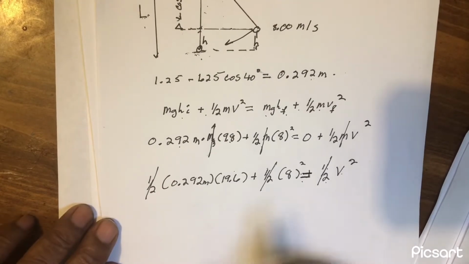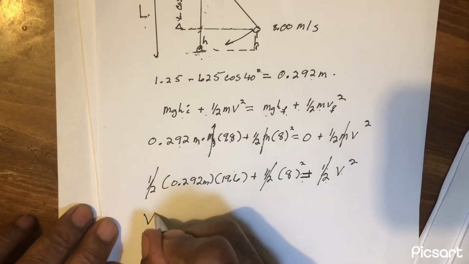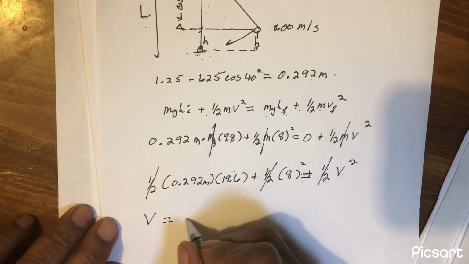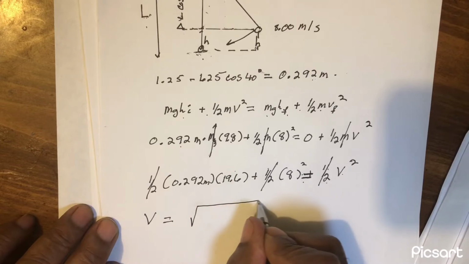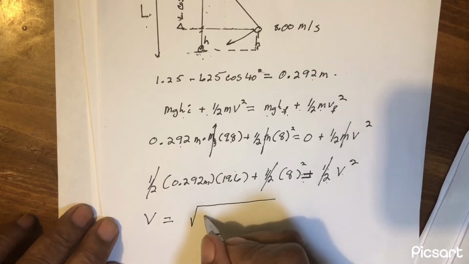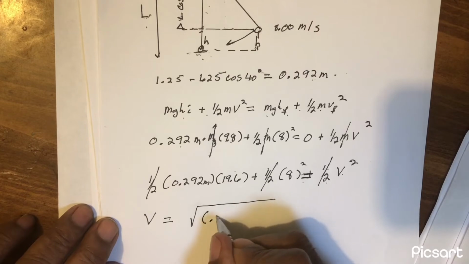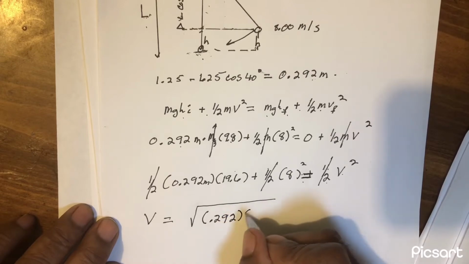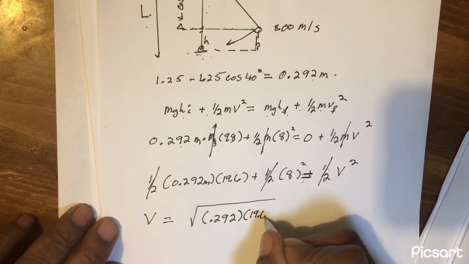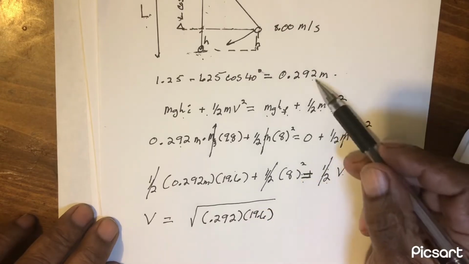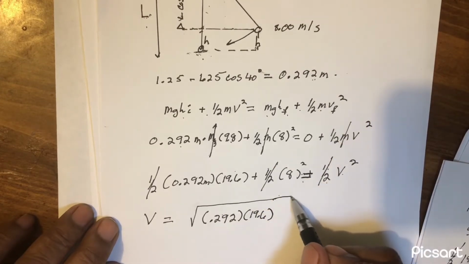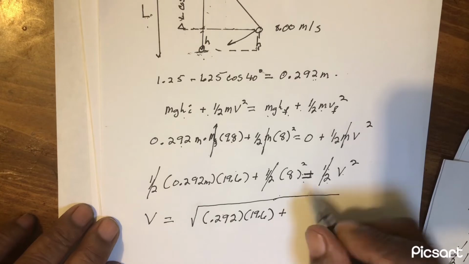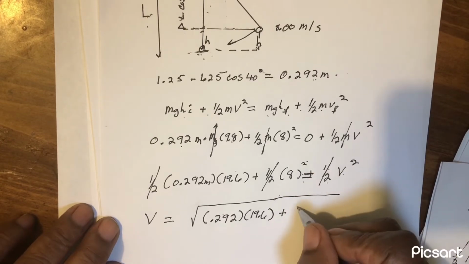Now, this whole thing, v, is going to equal the square root of 0.292 times 19.6, that's the height, plus v naught squared, which is 64.